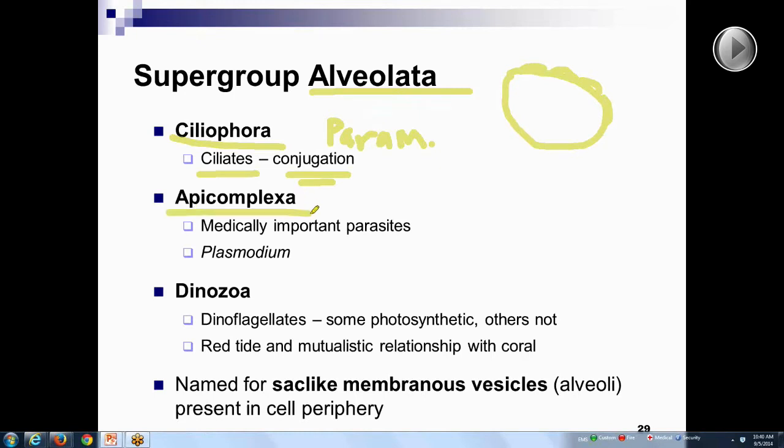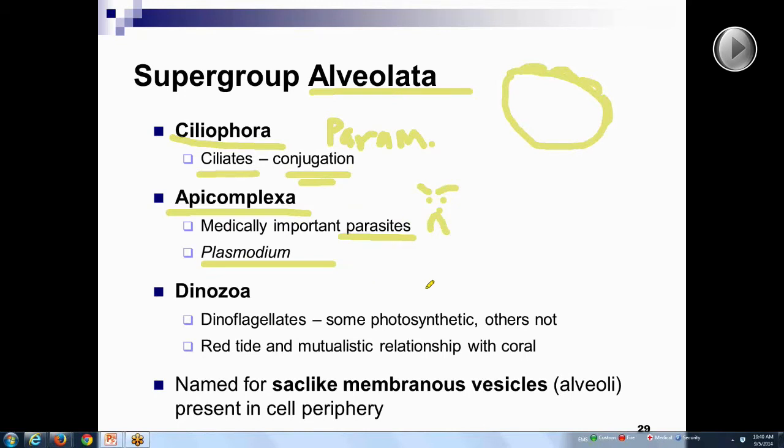Then we have the apicomplexans. The apicomplexans have an apex at the tip, which they use to invade cells. So they are medically important parasites. This is kind of a bad group. We think of the apicomplexans as being kind of mean because they cause disease. Plasmodium falciparum is a great example.